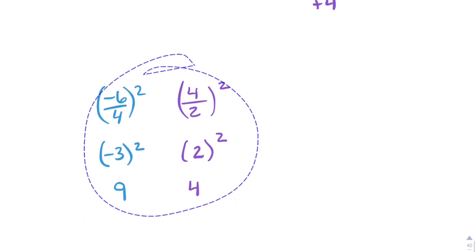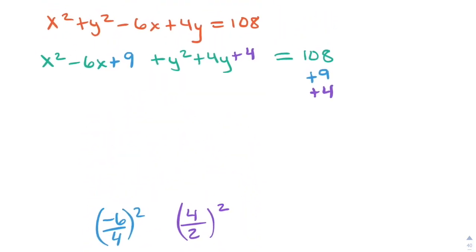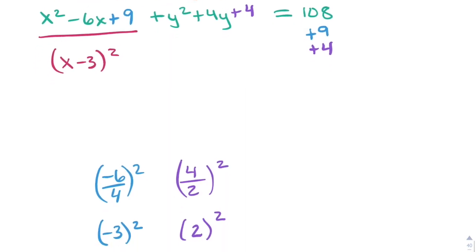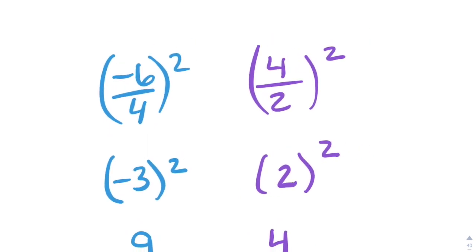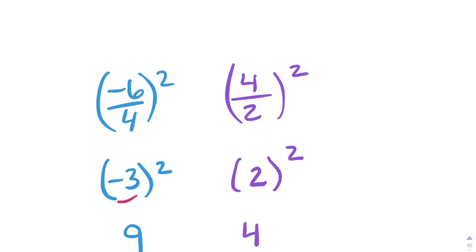All right, so this work that I did will not go unnoticed. If I want to factor this right here, this is going to factor into x minus 3 squared. Where did the -3 come from? Right here. Oh, whoops. I meant that to be a 2 when I rewrote it.